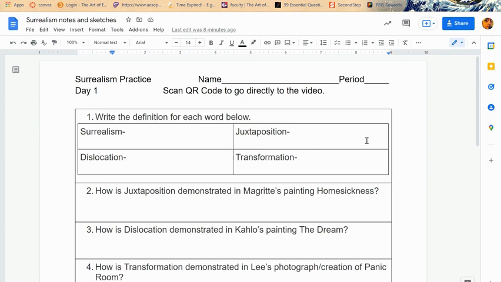So you write down the definition here, but then you're also going to answer number 2 question, okay, on the same slide. And then you'll write down dislocation's definition and you'll answer question number 3, okay? Transformation, and you'll answer question number 4. Okay, so this is how you're going to work through the worksheet and the video today.